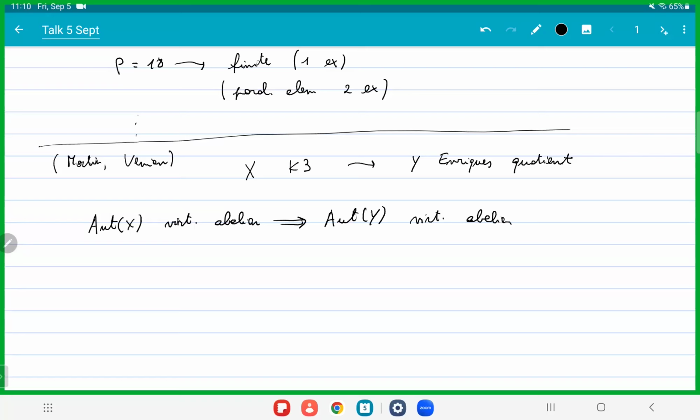Maybe you can prove the contrapositive: if this is not elementary, then also this is not going to be elementary, because it's kind of a subgroup. The fascinating thing is that we prove some sort of converse: if the automorphism group of Y is infinite and virtually abelian, then also the automorphism group of X is virtually abelian.